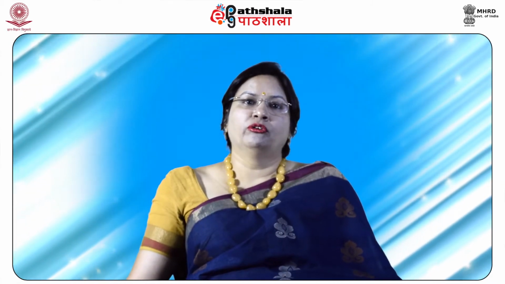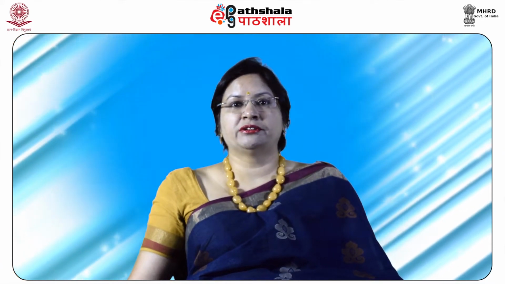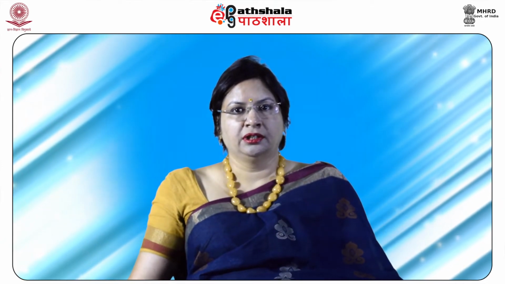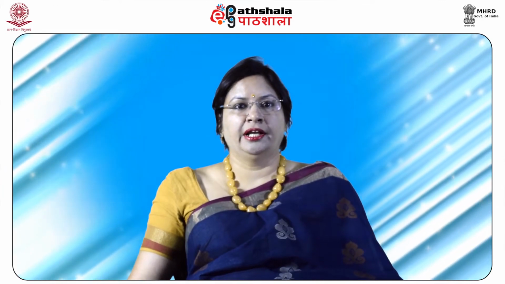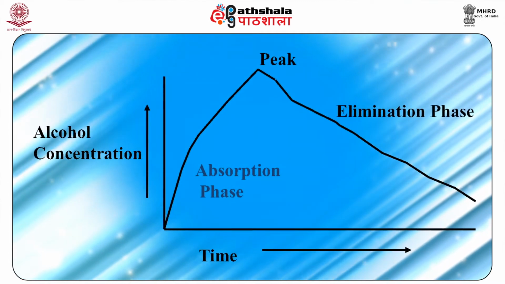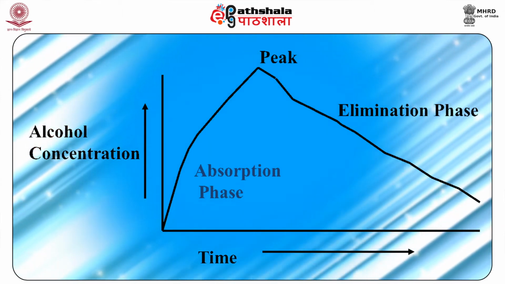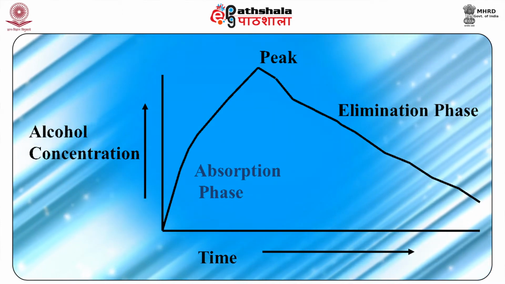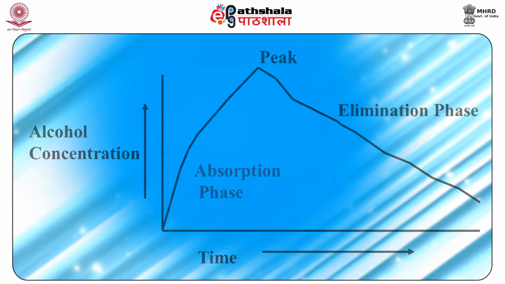A blood alcohol curve is generated by the combined effects of absorption, distribution and finally elimination, and this curve represents these three phases: the absorption phase, the distribution phase and the elimination phase.